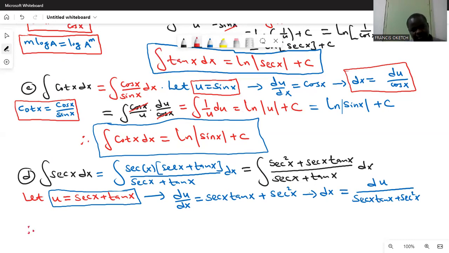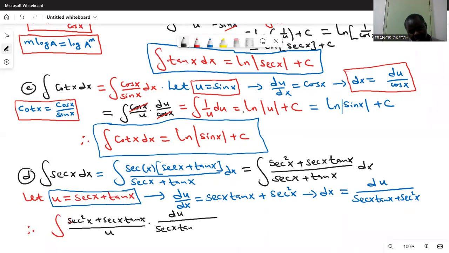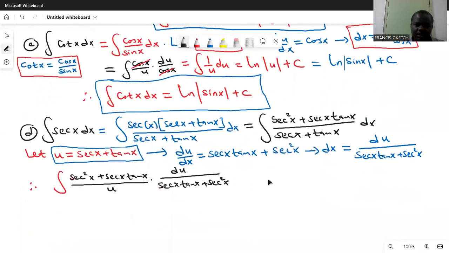Therefore, we now talk of the integral of sec squared x plus sec x tan x, and the denominator is now u, and instead of dx we have du over sec x tan x plus sec squared x.